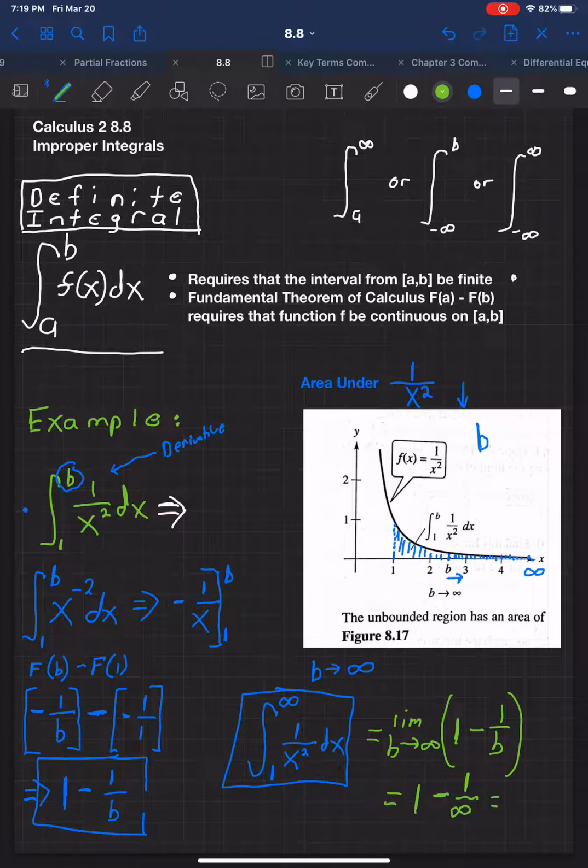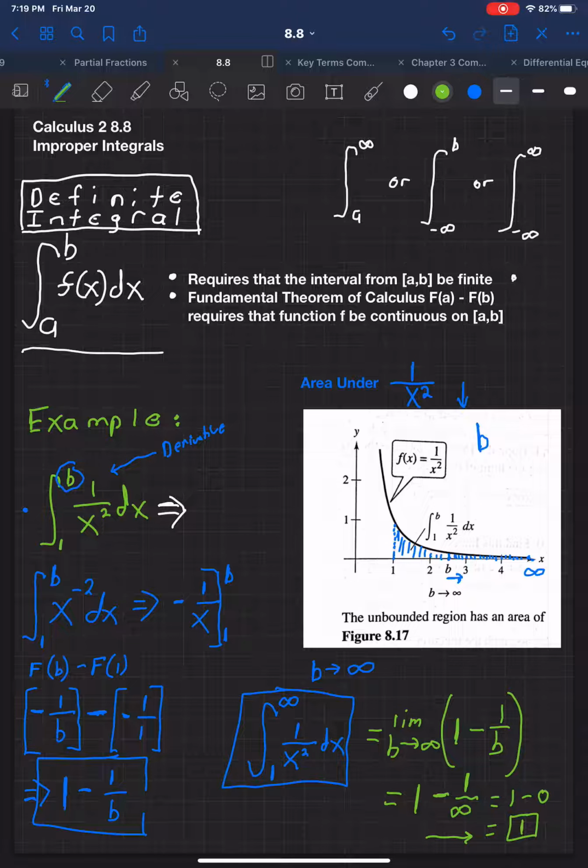So this ends up just being 1 minus 0, or here we go, there's your answer, 1. So what was the area under the curve of 1 over x squared from 1 to infinity? There it is. It's an area of 1. Now, units, we haven't specified units, but that is the gist.